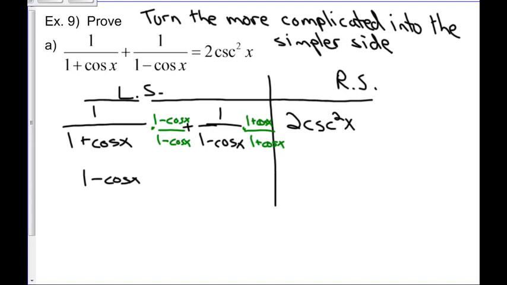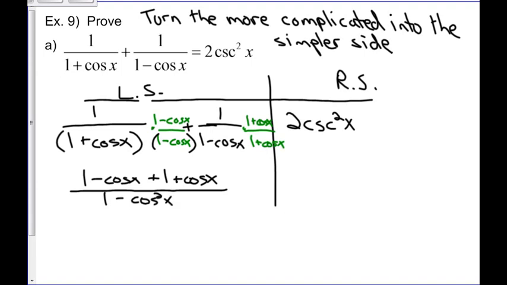1 minus cos x on top from the first one, 1 plus cos x on top from the second one, and the whole denominator is 1 minus cos squared x. If I multiply out those brackets, I'll have 1 minus cos x plus cos x minus cos squared. Okay.